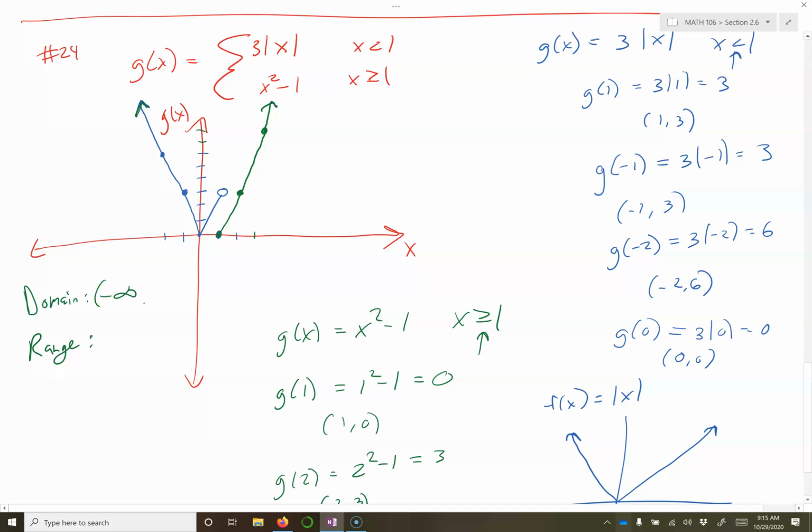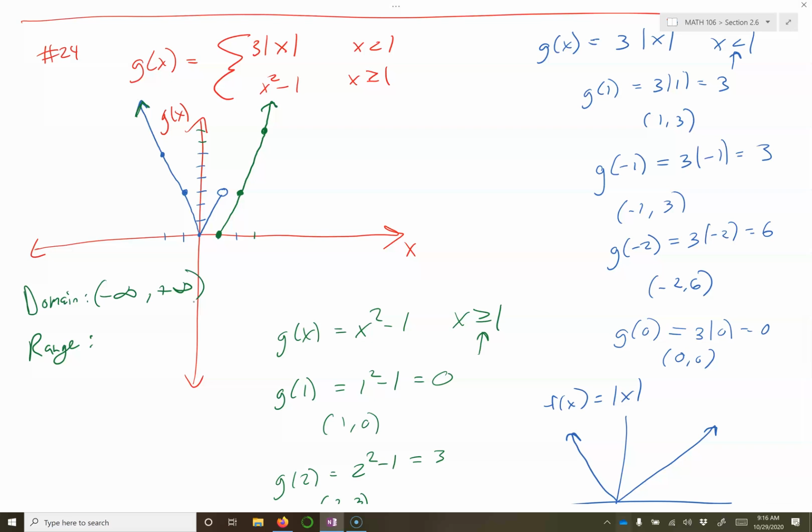Is there a problem at x equals 1 or no? If I plugged in x equals 1 into this function, do I get a number? Yeah, I get 0, right? So that means the domain is negative infinity to positive infinity, because every x value can be plugged into this equation.